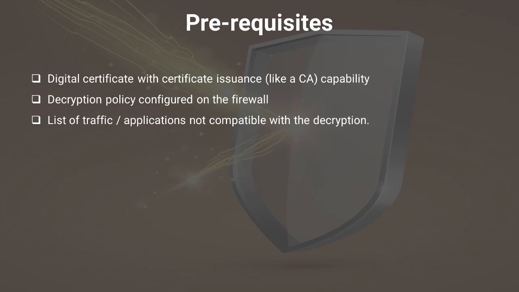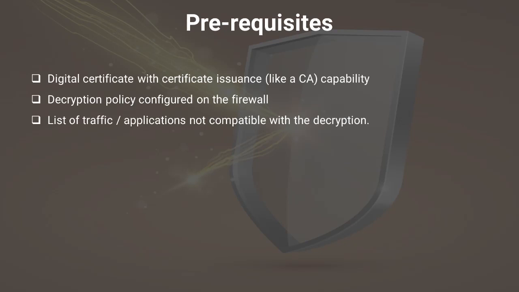And also it might be wise to obtain, before you launch a decryption policy onto your production traffic, a list of traffic or applications not compatible with decryption. There are some applications that simply do not work with the way next generation firewalls do decryption.